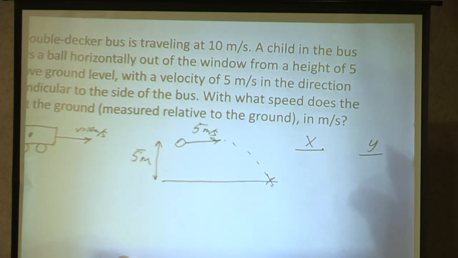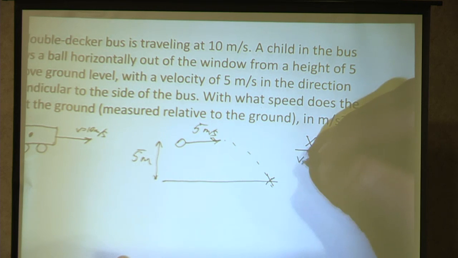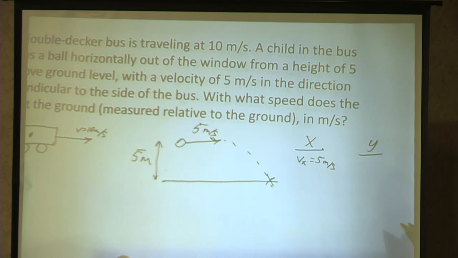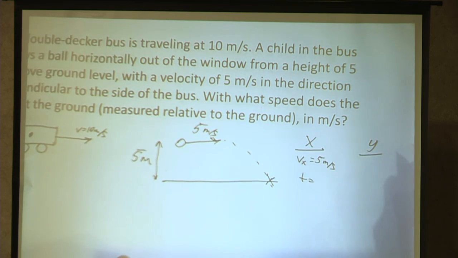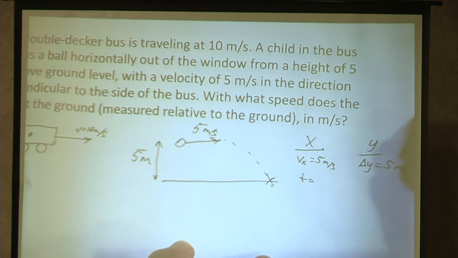So let's see, what do we have? We have the velocity in the x direction for the ball. Time we don't have, but that would probably be useful. And most of our stuff is in the y direction. We have a change in the y, or height, of 5 meters.